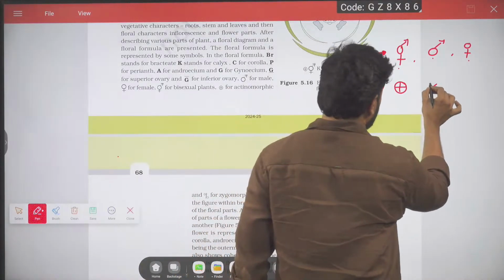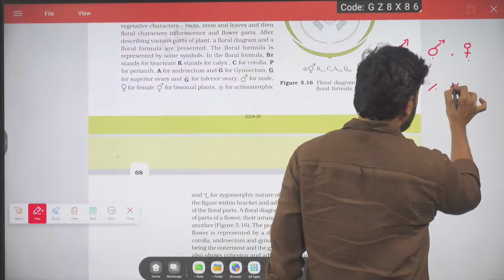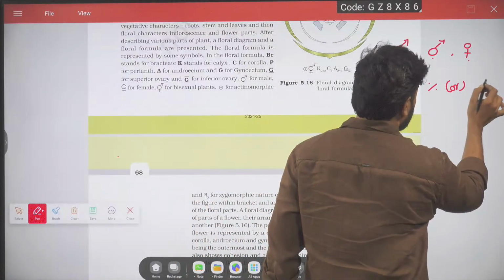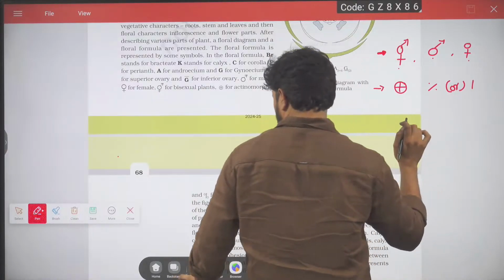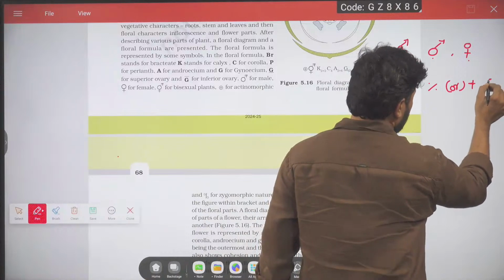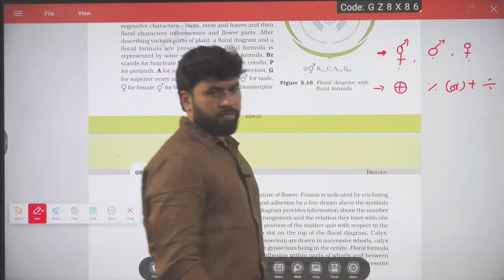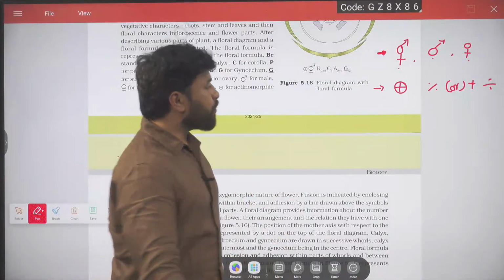If a flower exhibits zygomorphic symmetry, this is the symbol. Sometimes we will also write like this. Sometimes they write like this. That is symbol-wise representation. Sometimes they also write like this. So any symbol you can use according to your requirement.